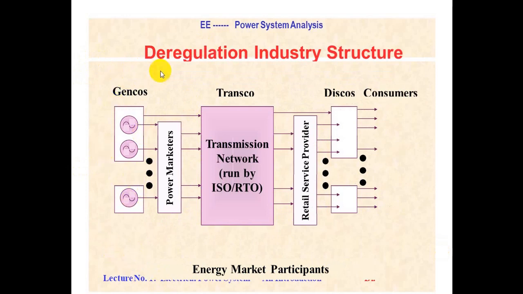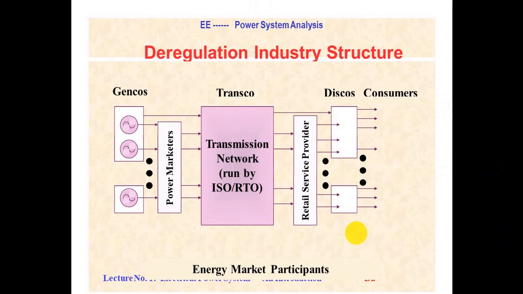The generation system will be dealt with separately. It is not like the whole system is dealt with by some government and there is only one authority, and no change in the transmission distribution system can be done without any approval. So this is a separate area. The transmission network is a separate area, distribution is a separate area, and the customer is already independent.